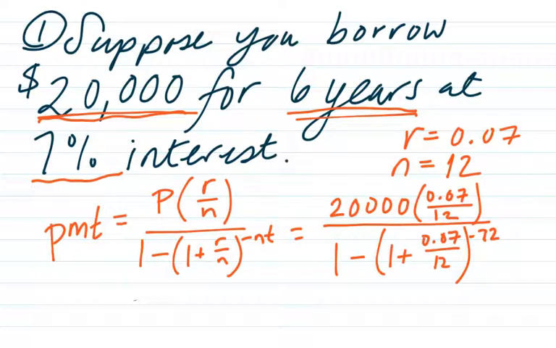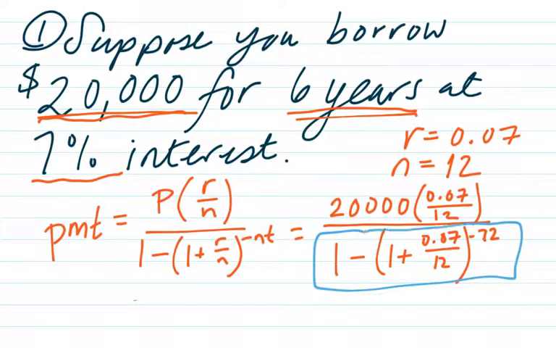I'm going to do 20,000 times the quotient between the rate and the number of payments per year. And then I'm going to solve for what the denominator is, which I'll circle in blue. And then I'll divide my numerator by my denominator.